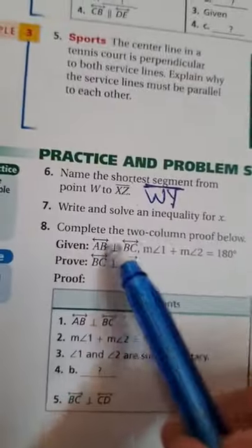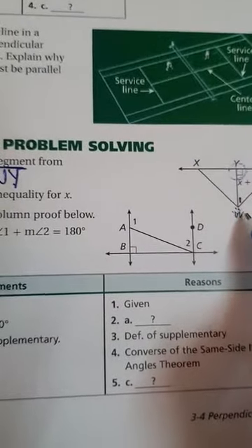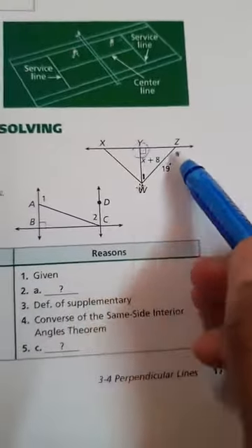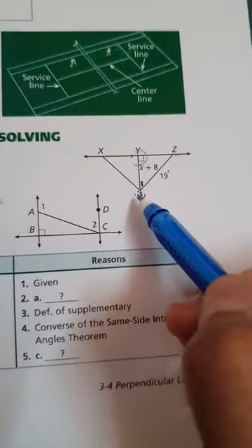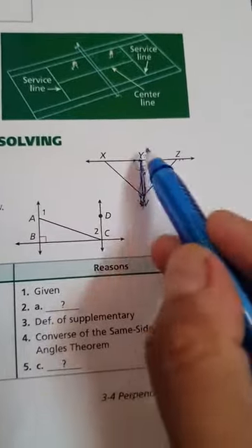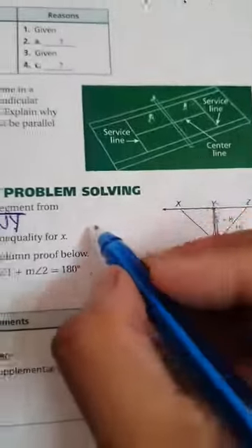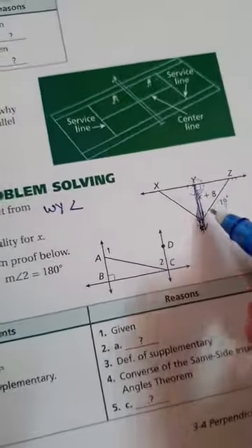The next question, write and solve an inequality for X. Which side did they give us? They gave us W and Z, and they gave us W and X, right? W and Y. So you know now this is the shortest one, which is going to be less than all the others. So let me write the inequality as WY is less than, which part did they give us?